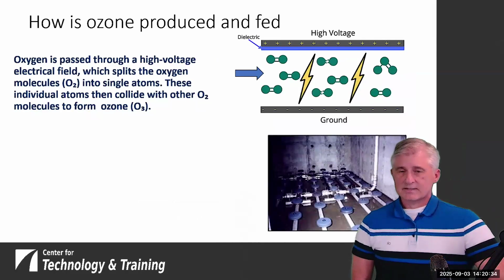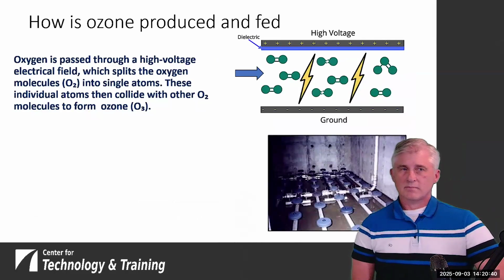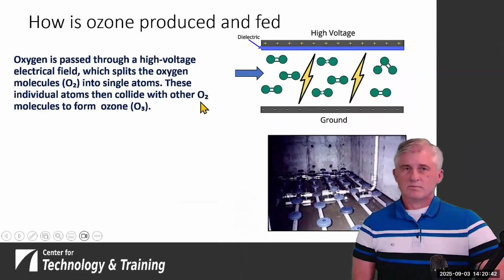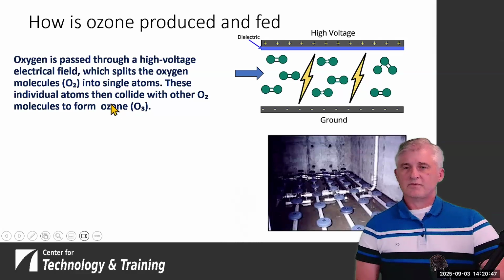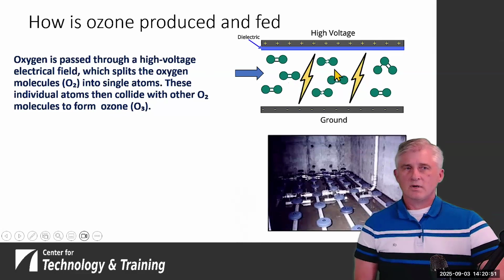How's it produced and fed? As I said, it's very electricity or energy dependent. So we take oxygen, we pass it through an electrical field, a high voltage electrical field. It splits those molecules. So they start out as O2. It breaks them down into O and O2.